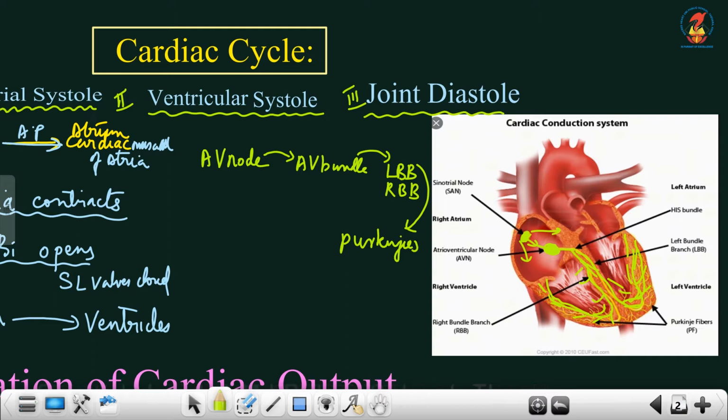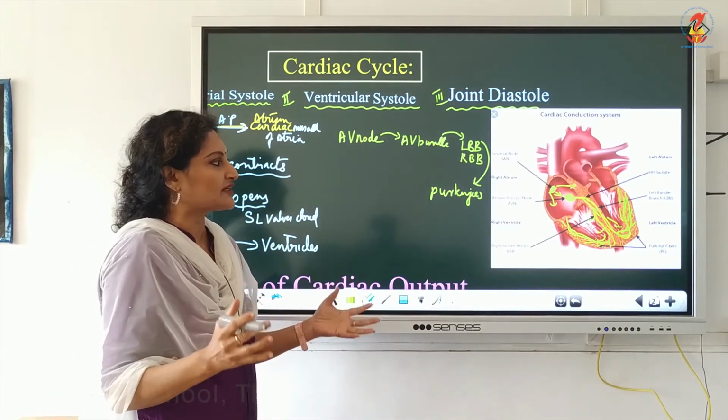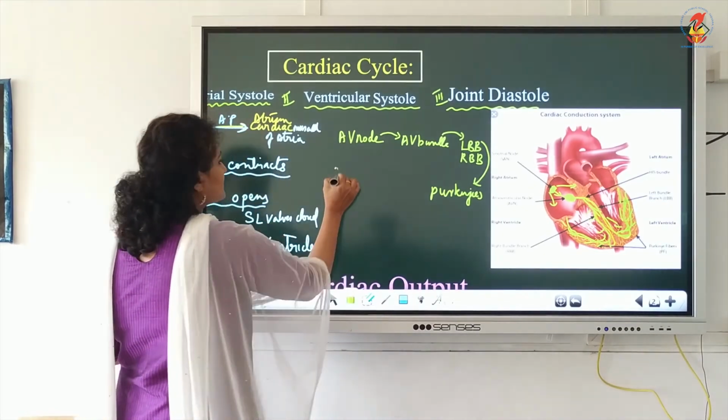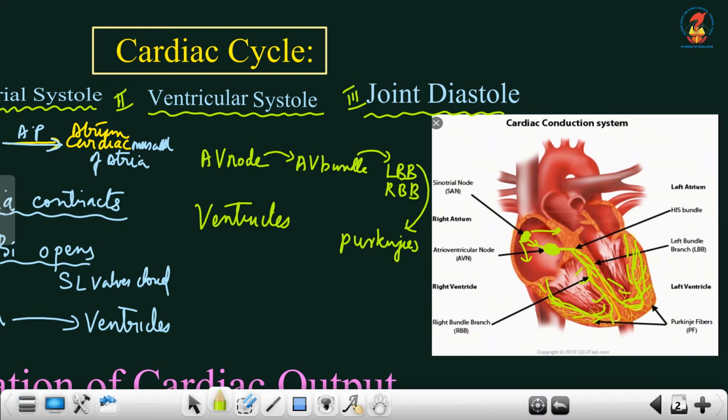Now what happened? It is supplying the entire ventricles, all the muscles of the ventricles get the action potential. Now what happens? This causes the ventricles to contract. So that is how the ventricles contract.